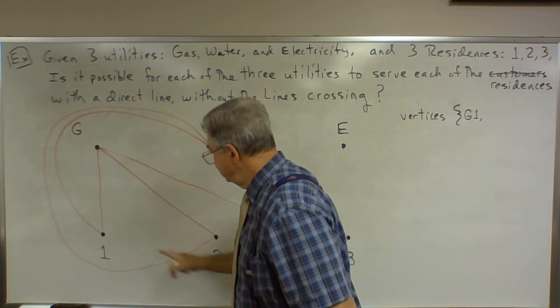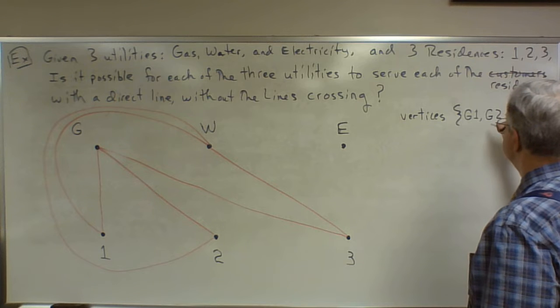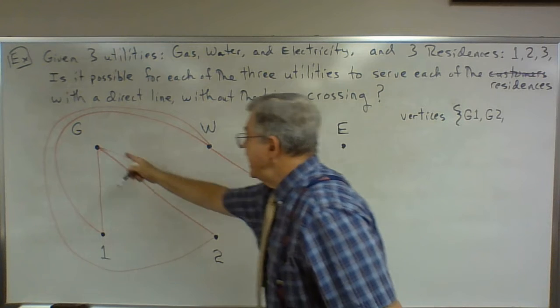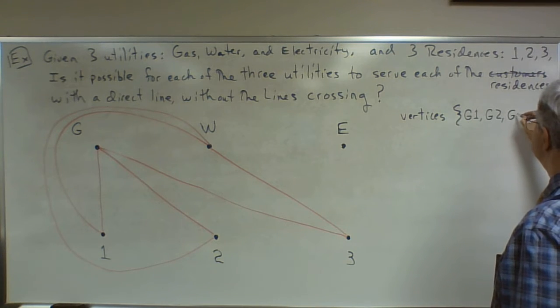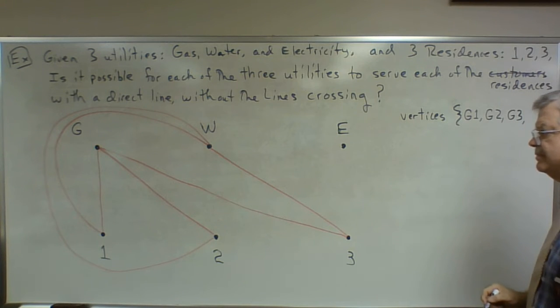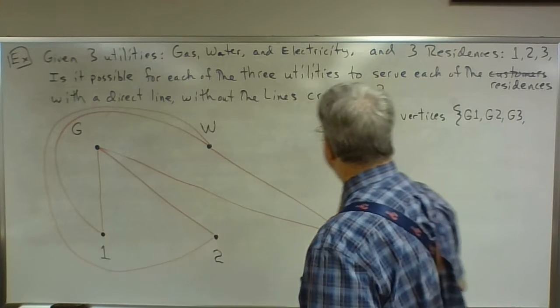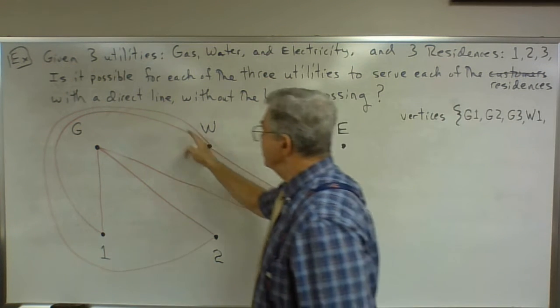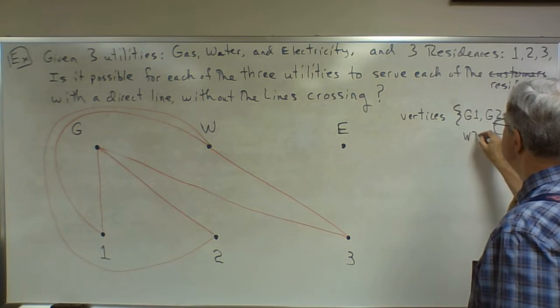We go from gas to residence 2, we'll call that G2. We got gas going to residence 3, we'll call that G3. And we got water going to residence 1, we'll call that W1. We have water going to residence 2, we'll call that W2.